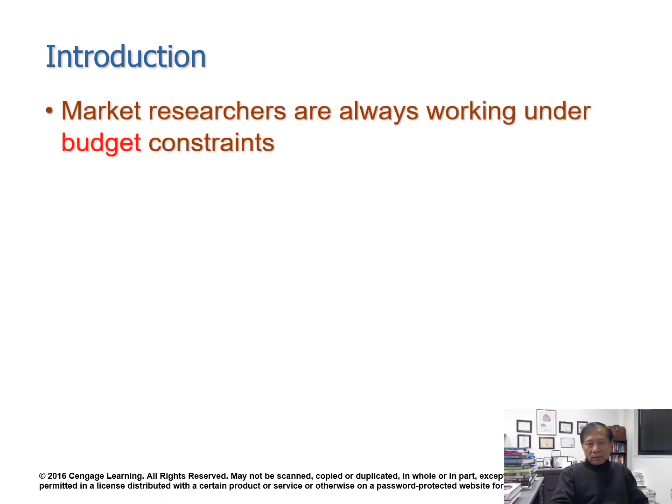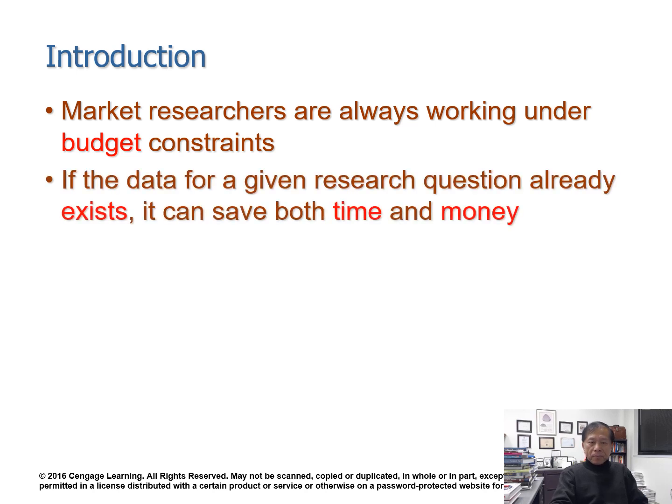Marketing researchers are almost always working under budget constraints, as you can imagine. Nobody has an unlimited budget to work on a project. If the data for a given research question already exists, it can save both time and money.